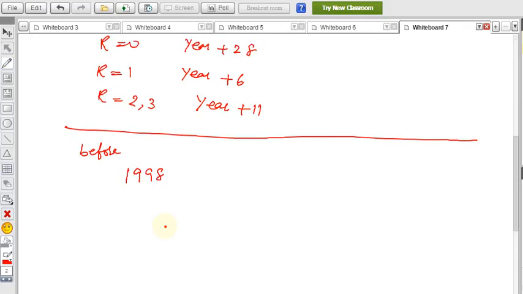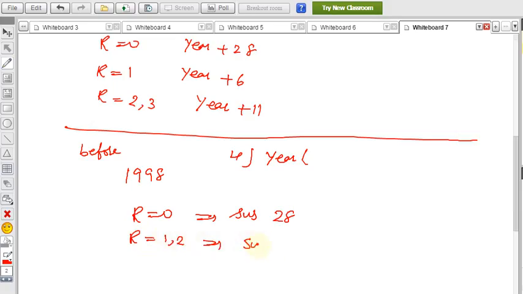For this also I'll give you a simple formula. Divide that year by 4. If the remainder is 0, then subtract 28. If the remainder is 1 or 2, then subtract 11. If the remainder is 3, because you only get remainders 0, 1, 2, 3, then subtract 6. If they ask for a year before, we go for this rule. If it is after the year, I'll go for additions.